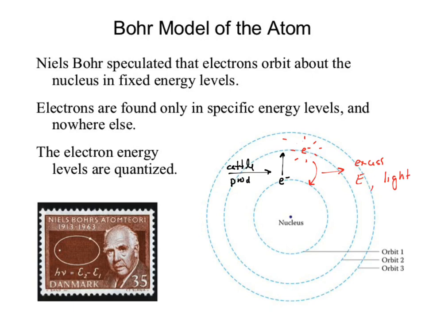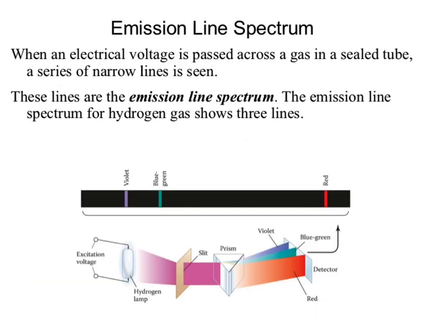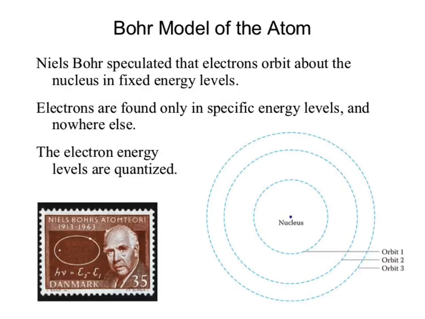So if we backtrack here, hydrogen, we saw 3 lines. The details of those 3 lines is not what we're about to show, but it's going to get close enough for approximation's sake. So we had the violet, we had the blue, and we had the red. And I need to add another orbital, so here's another orbital.